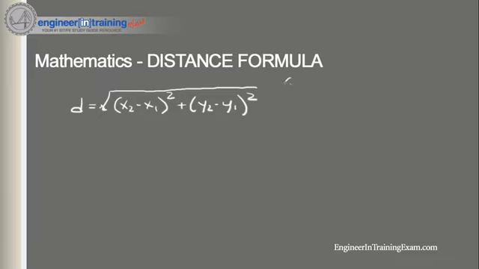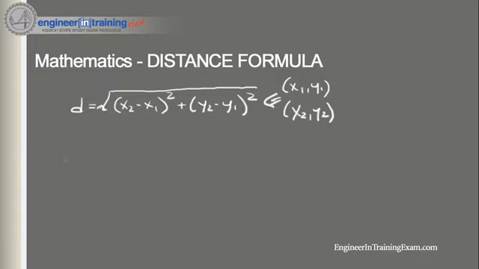Now this is, of course, if we're given x1, y1 and x2, y2. So all we need to do is plug this given information into the distance formula, and we will be able to determine the distance between those two points.